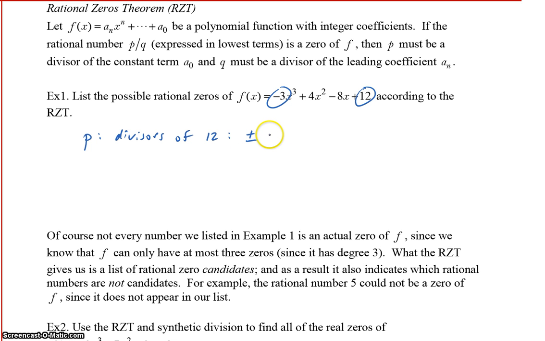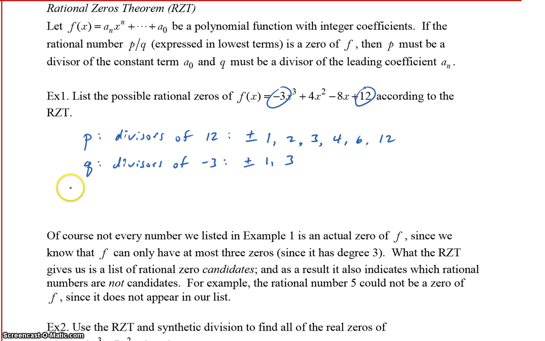For 12, there's quite a few divisors: 1, 2, 3, 4, 6, and 12. And then for the q's, we're talking about divisors of the leading coefficient, -3. Here there are fewer because 3 is a prime number: plus or minus 1 or 3.